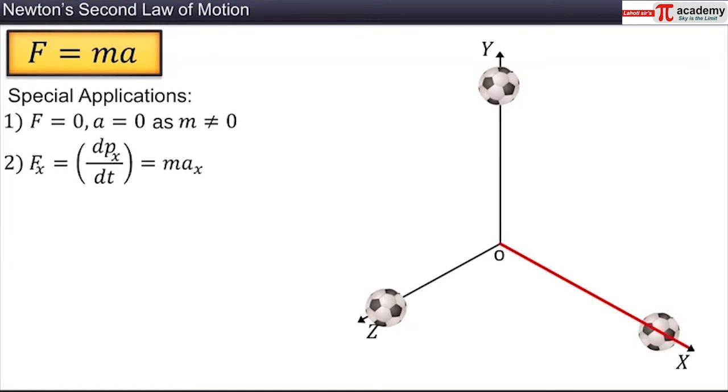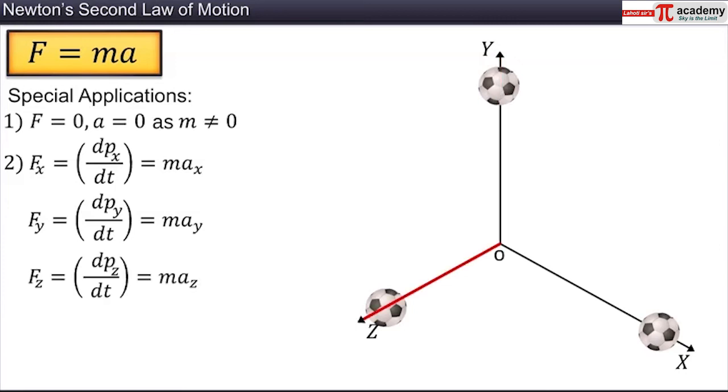Fx is equal to dpx by dt, which is equal to max. Fy is equal to dpy by dt, which is equal to may. Fz is equal to dpz by dt, which is equal to maz.